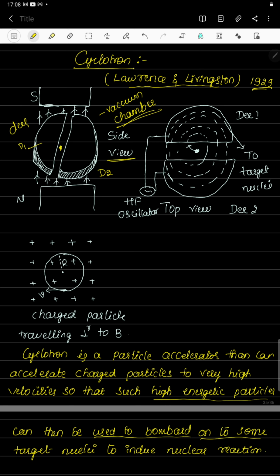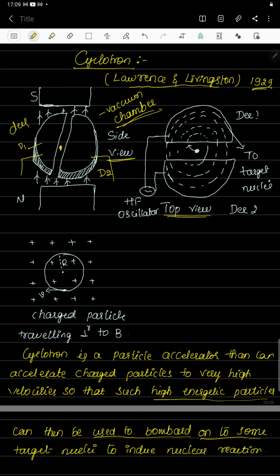Now these two Ds are connected to a very high frequency oscillator, which means that every half cycle the polarity of the two Ds continuously changes. You can see this in the top view, where the two Ds are connected to the high frequency oscillator.